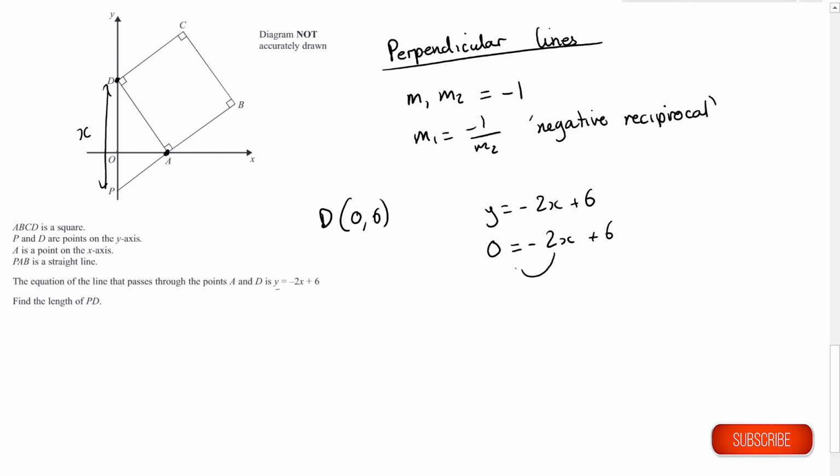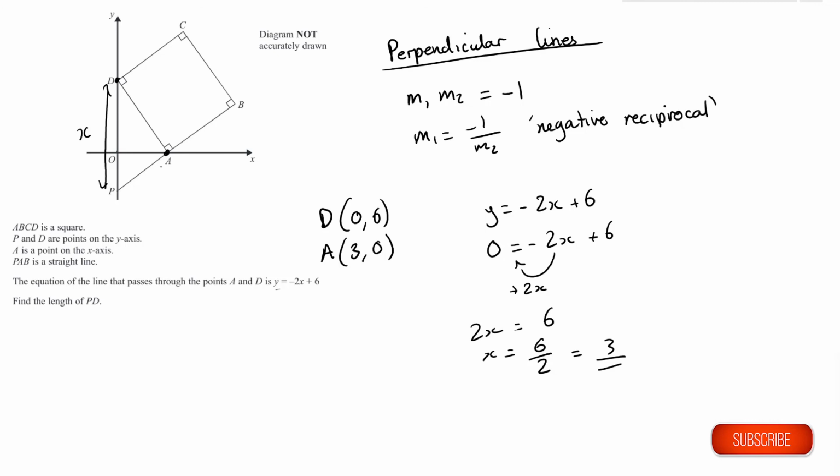So I would move the 2x over to this side by adding 2x. So I'd get 2x is equal to 6, and therefore x is equal to 6 divided by 2, which is going to give you an answer of 3. So the point A is actually (3, 0). Okay, so now we know what these 2 points are.